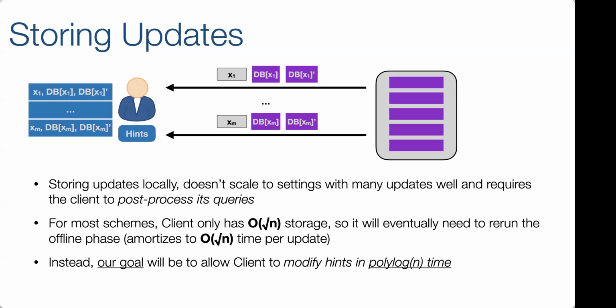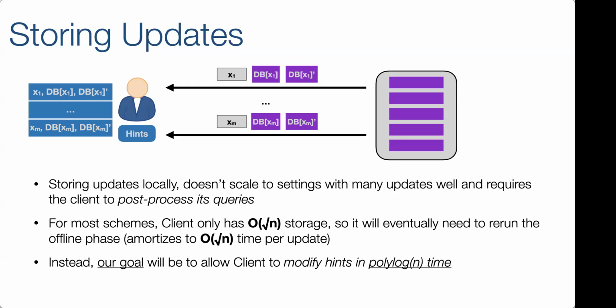I'll talk about this on this slide. Maybe the client doesn't want to pass through their hints, and they just store the updates that the server is sending them. This solution does work if you have very few hints, because you can process the query and then scan through the updates you've stored and correct the query afterward. That's just a property of how these schemes work.